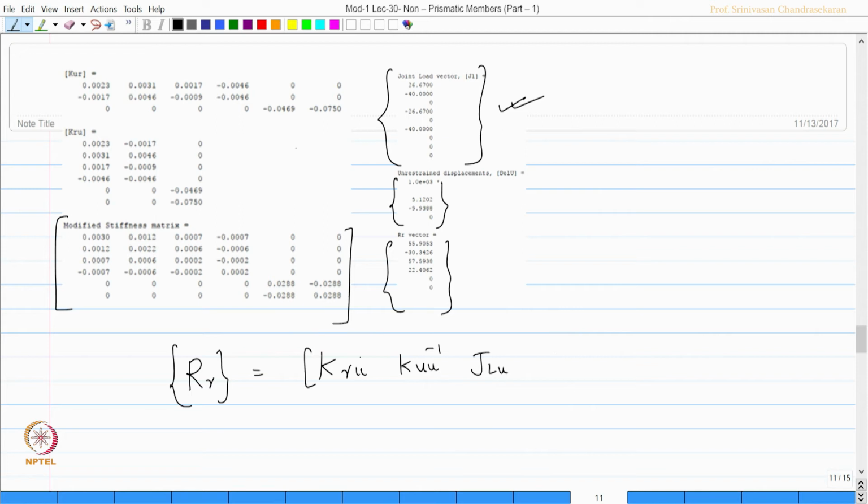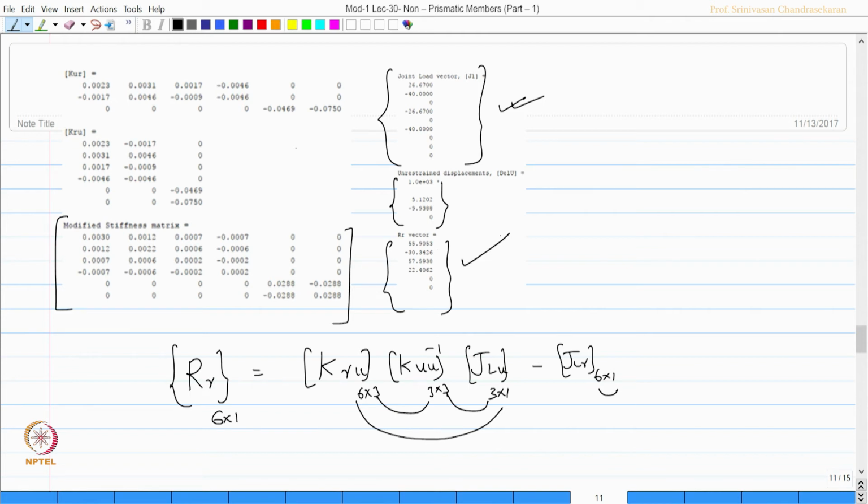This is the matrix of 6 by 3, this is 3 by 3, and this is a vector of 3 by 1, minus JLR, which is 6 by 1. So, compatibility 3 and 3, 3 and 3, 6 by 1, 6 by 1, 6 by 1, which is this vector.